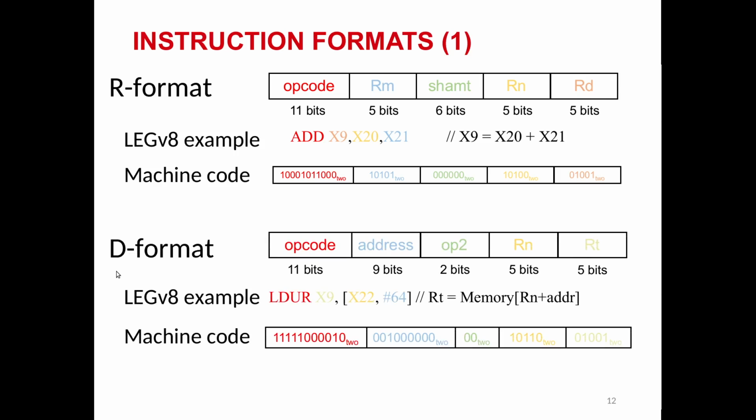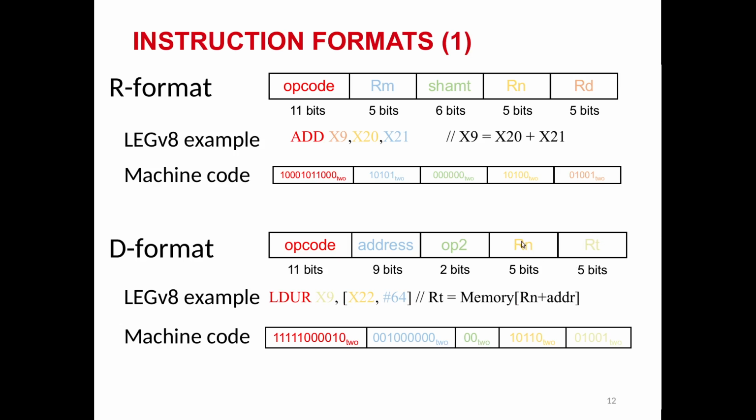The next instruction format is the D format, or memory access format. It also has 11 bits of opcode at the beginning, and then a 9-bit address for the offset, and then the op2 here we don't need to take care about at this time, and then Rn of 5 bits, and 5 bits Rt.